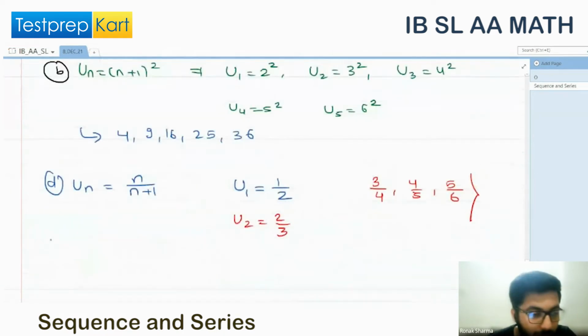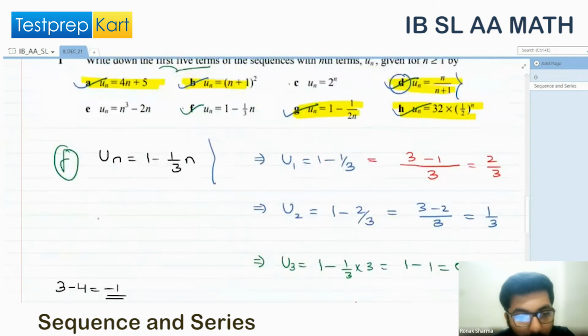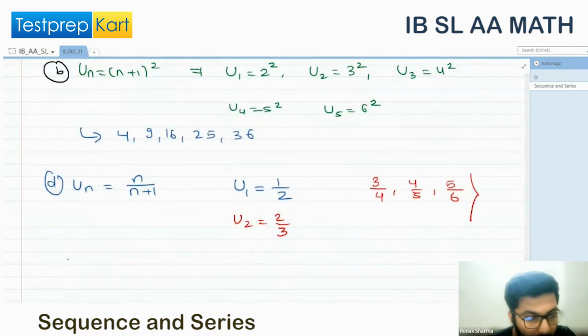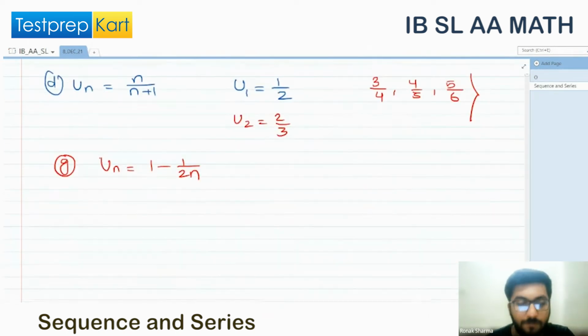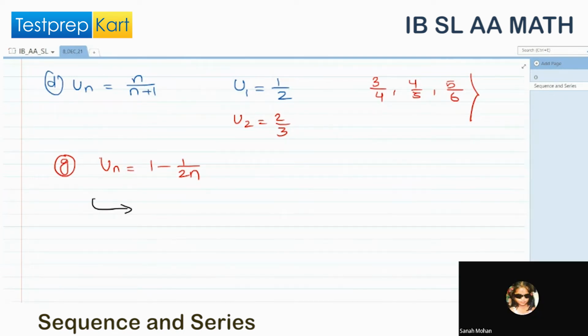1 minus 1 by 2 n. Yes, give me the five terms.